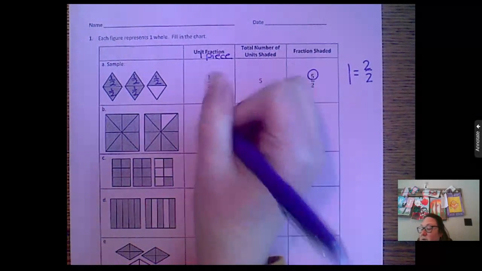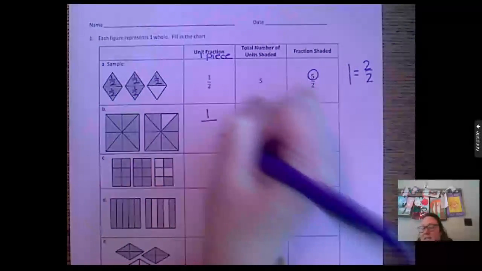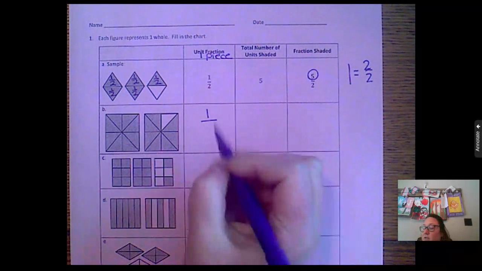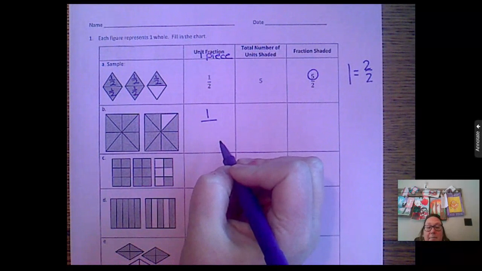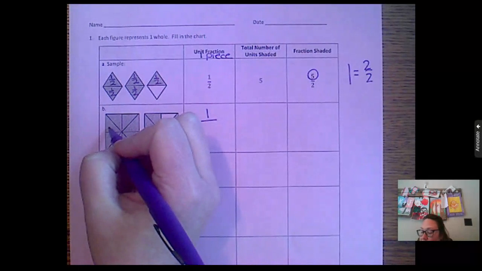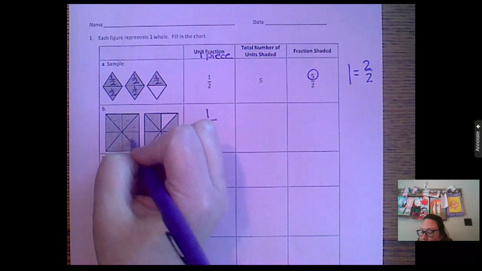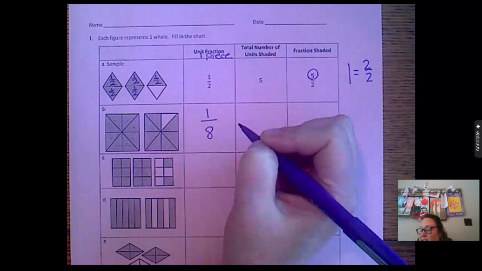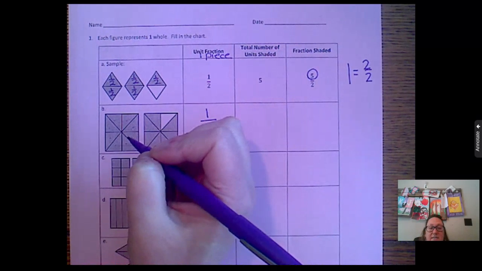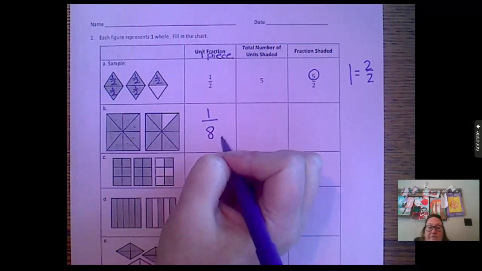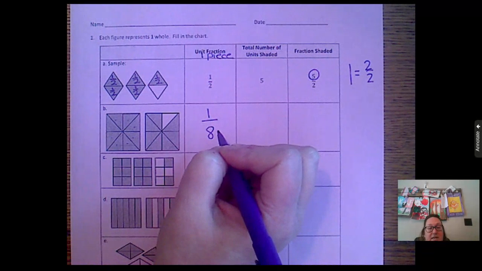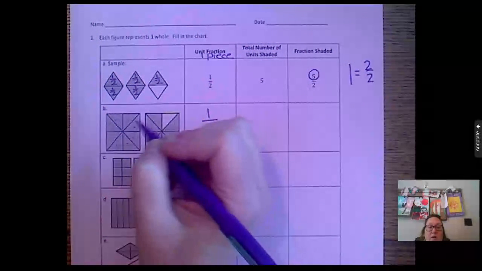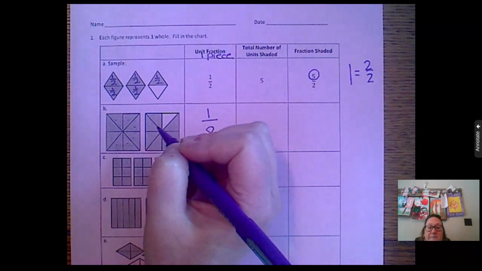All right, so if we look at B, the first part of our chart says the unit fraction. So I know it's going to be 1 over something because I want to name each piece. For my denominator, it's the total number of pieces. So if I look, I've got 1, 2, 3, 4, 5, 6, 7, 8. So my denominator is 8 because each one of those pieces is 1 out of 8 total pieces needed to make a whole.